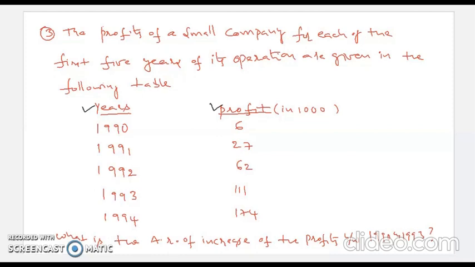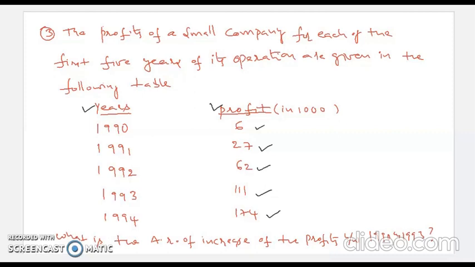So in 1990 we have the profit 6,000. In 1991 we have 27,000, and in 1992, 62,000. In 1993, 111,000. In 1994, it is 174,000.